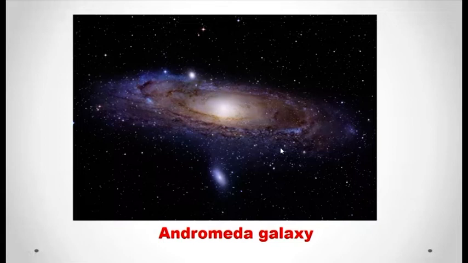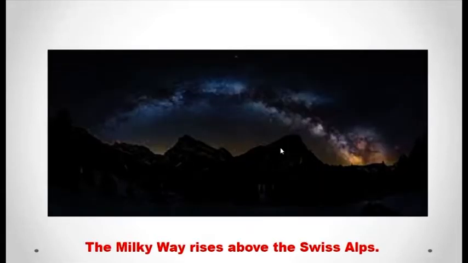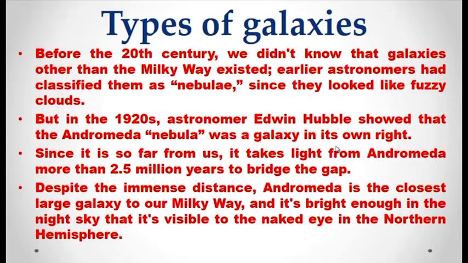This image is made by NASA. Then this is the image of the Milky Way galaxy rising above the Swiss Alps mountain. So from Earth we can see the rise of the galaxy, a collection of stars.